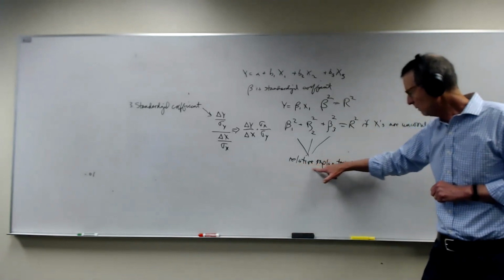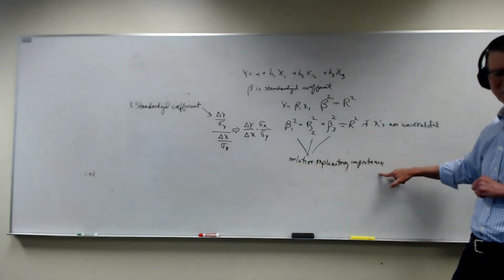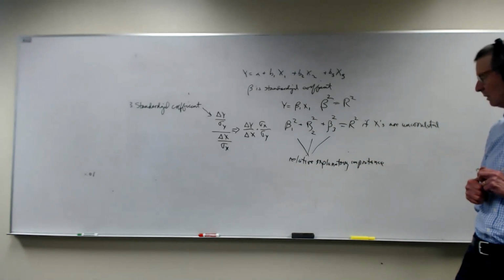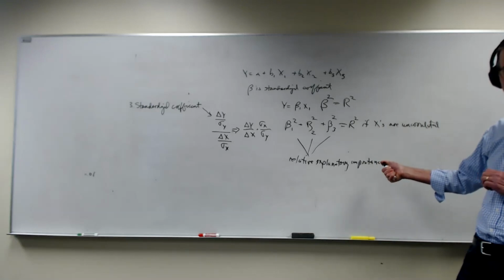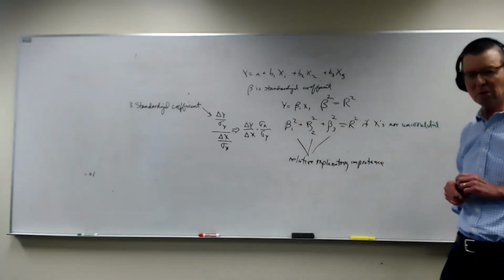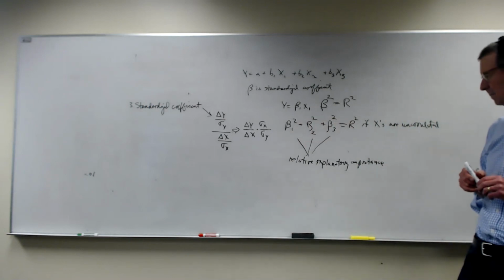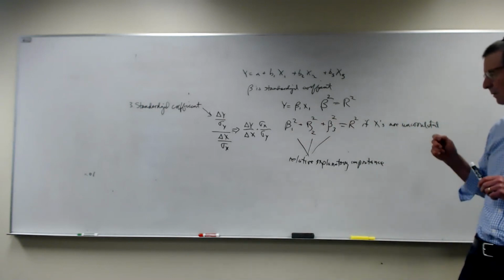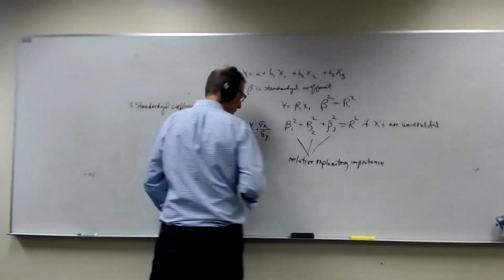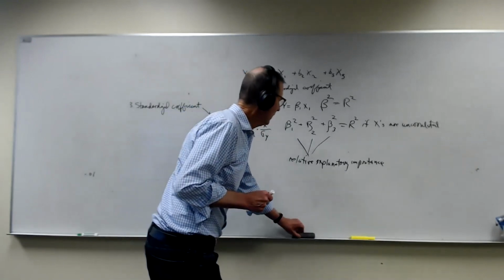So having an idea of where the action is, what variables are relatively more important than others in explaining the outcome, that's important. So you see a lot of standardized coefficients being used in the kind of reverse causal explanation articles. So that's one point.